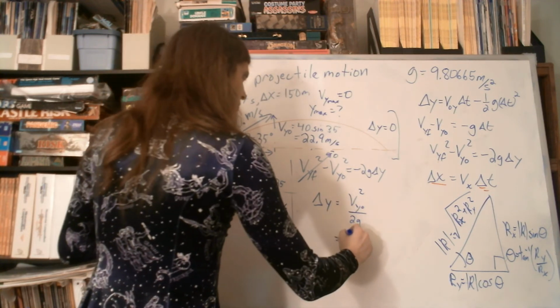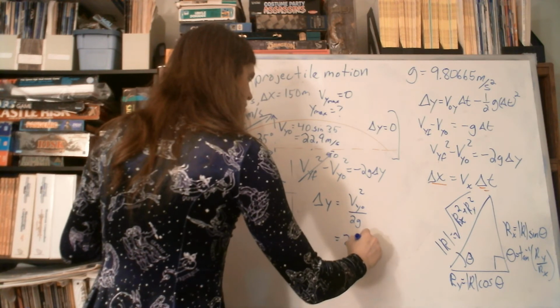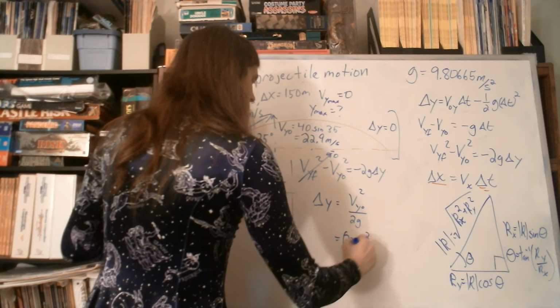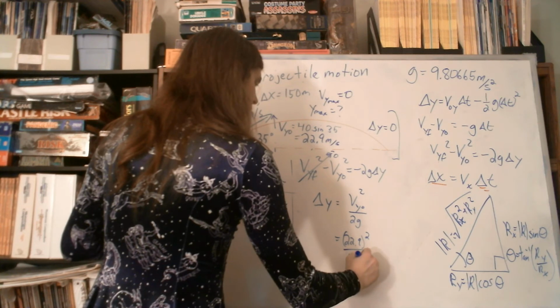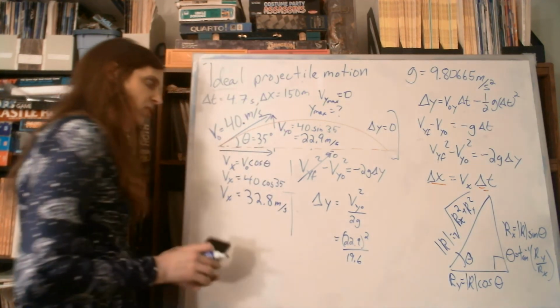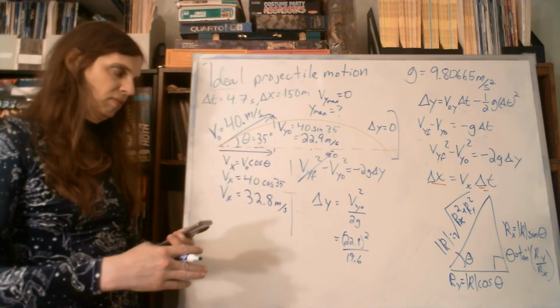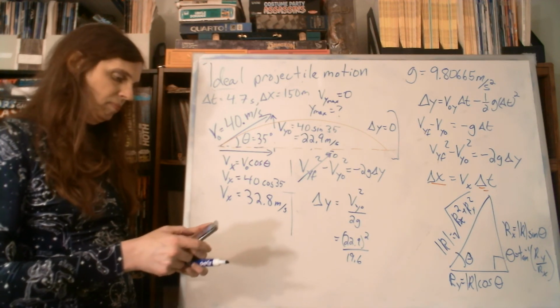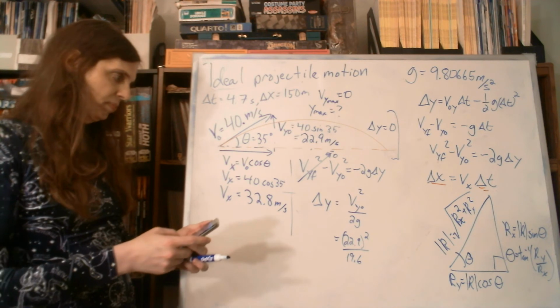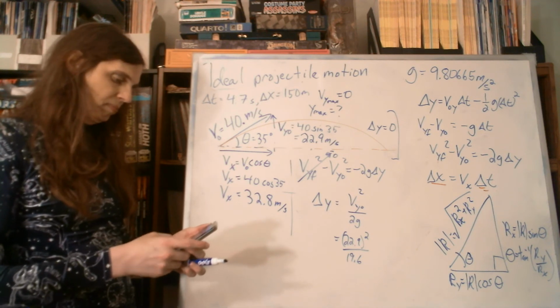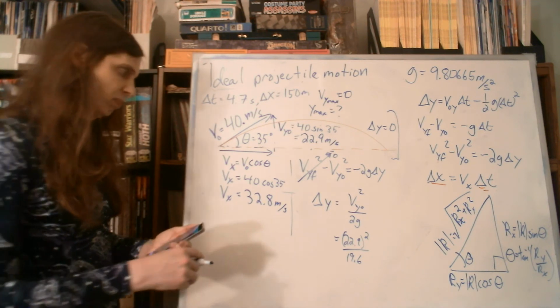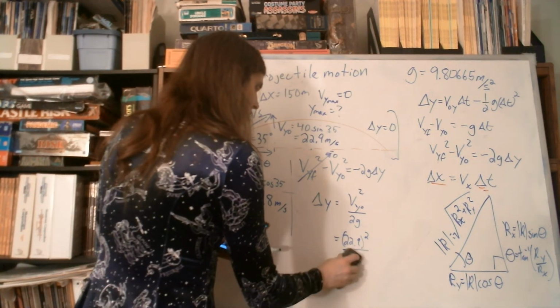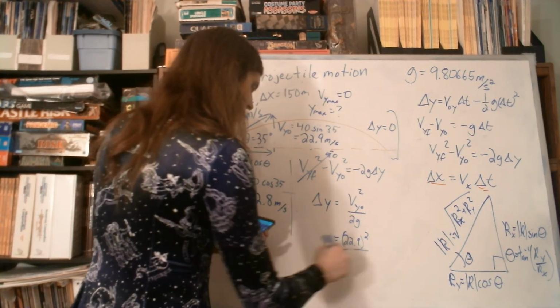So 22.9 squared over about 19.6. Let me be explicit there.